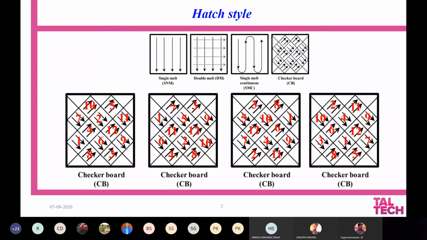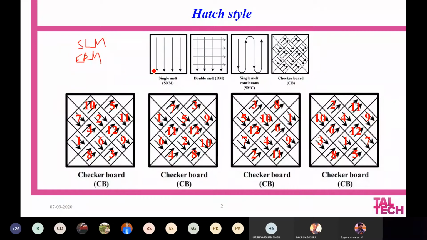So initially what we saw in the last lecture, in the first lecture basically, was that during an additive manufacturing process like SLM or E-beam or direct energy deposition, DED or LENS, there is a possibility that we can choose how we want to melt the material or the powder bed.